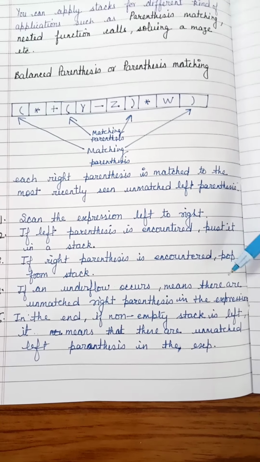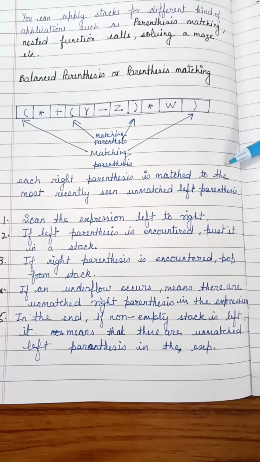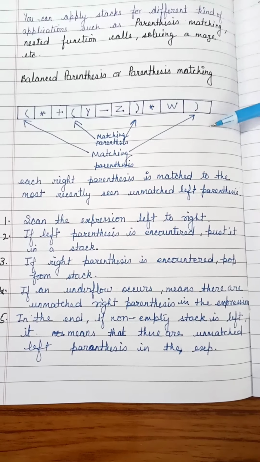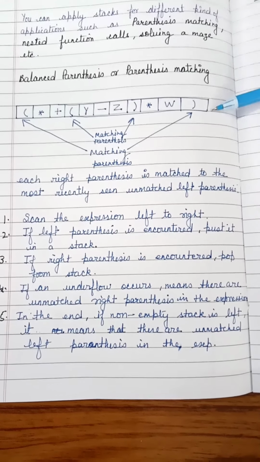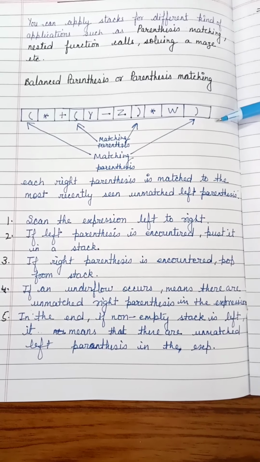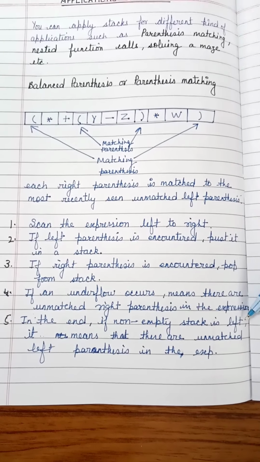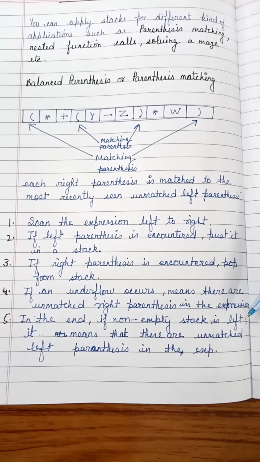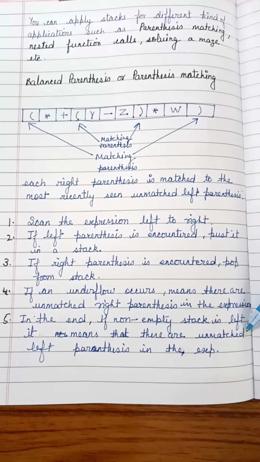If an underflow occurs, it means there are unmatched right parentheses in the expression. If there is an unmatched right parenthesis not having any matching left parenthesis, underflow occurs. In the end, if a non-empty stack is left, it means that there are unmatched left parentheses in the expression.